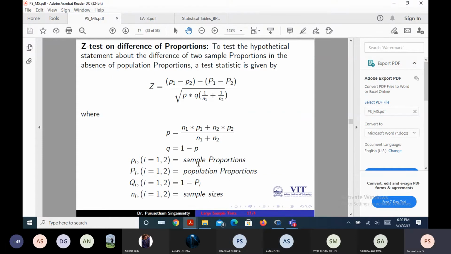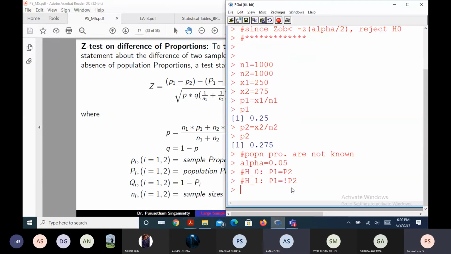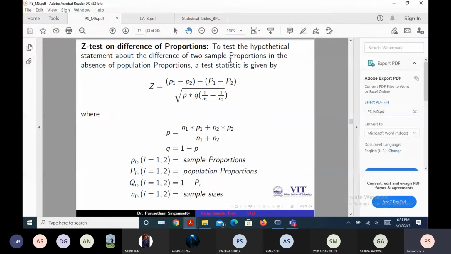Do we have population proportions, or are we moving in the absence of population proportions? We don't have population proportions, so we are not knowing the population proportion. Now, is this the test statistic that we need to use for this question? No, sir. Now, what is the formula?